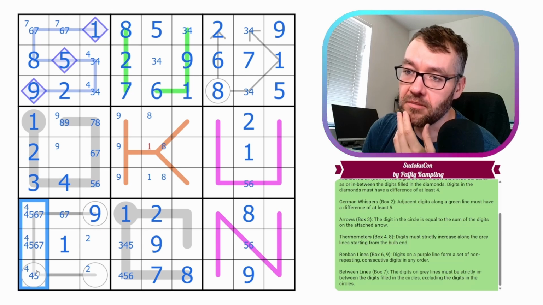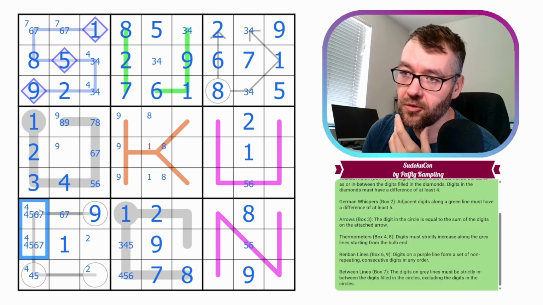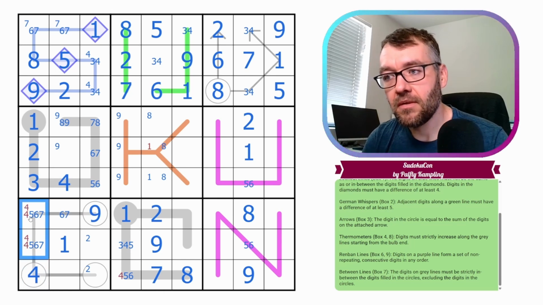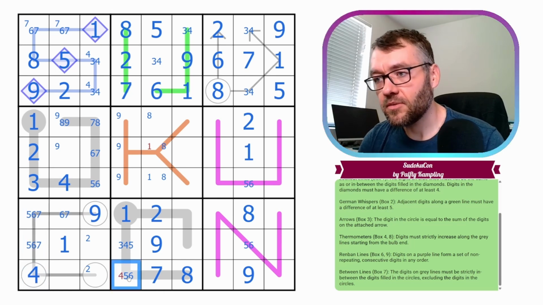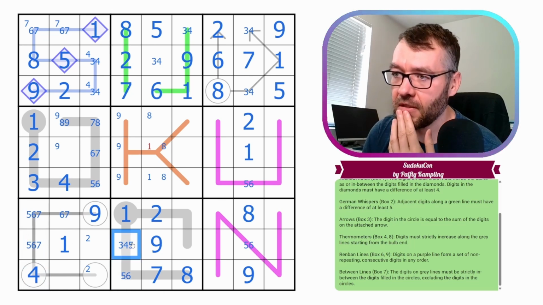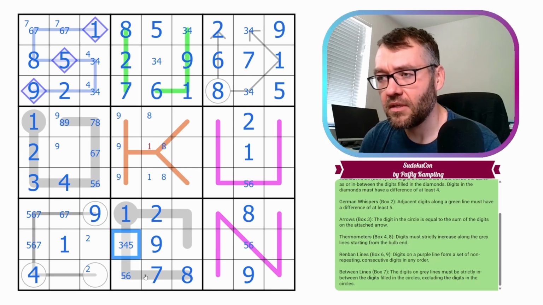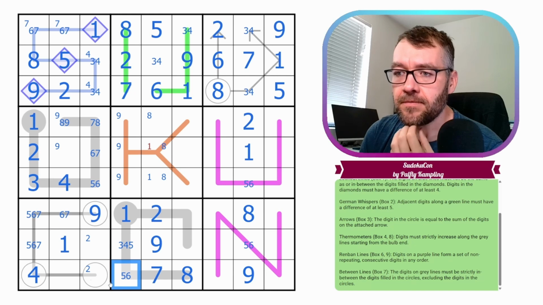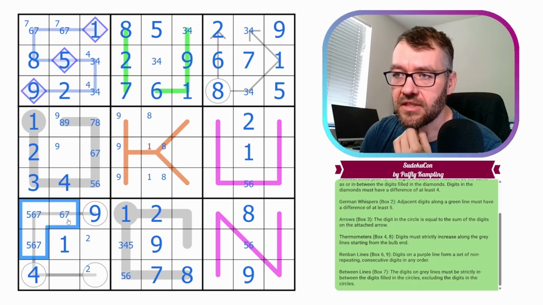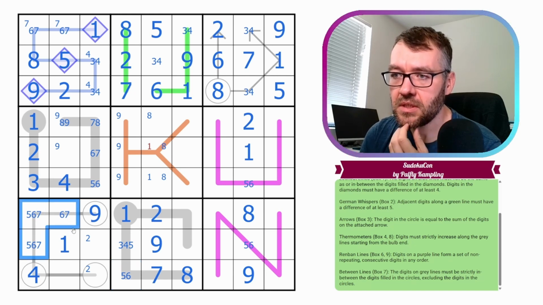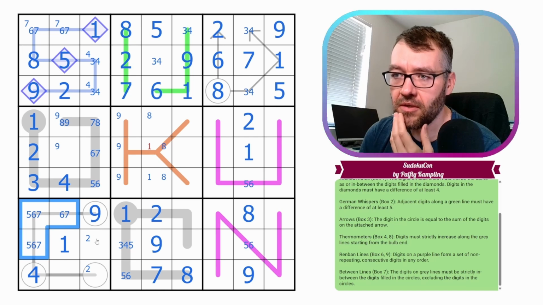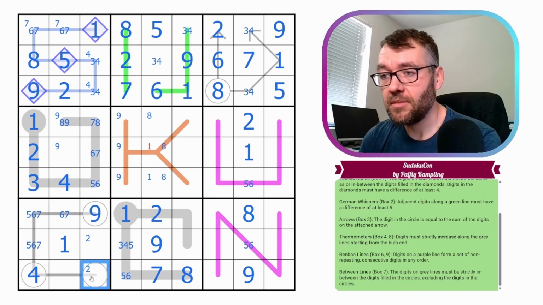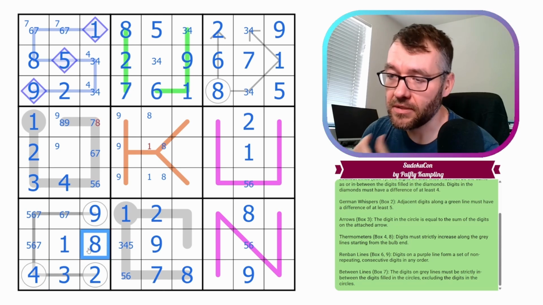And we need a 4 in this column. If this is a 5, where's the 4 going? Because 4 isn't between a 5 and a 9. So this one has to be a 4. Which means this one's not a 4. This one also can't be a 5. Oh yeah, it could be, because this could be a 6. So this is a 5, 6, 7 triple. So the other 3 digits we have left are 2, 3, and 8. So that means 2 has to go here, 3 has to go here, and 8 has to go here.